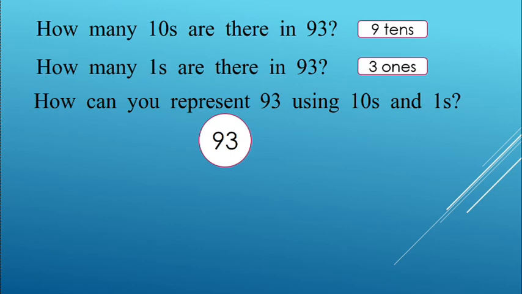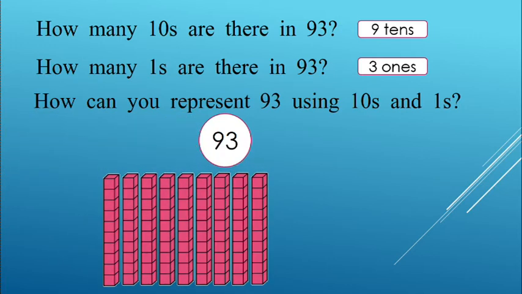To represent 93, we make use of a counter abacus. For 93, we can use 9 tens blocks and 3 single counters, which make up 93. So 9 tens and 3 ones make up 93.